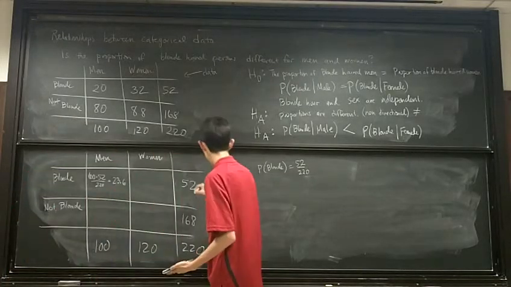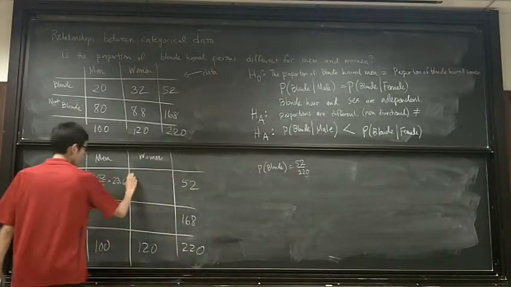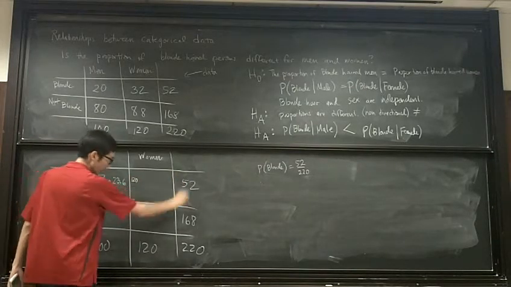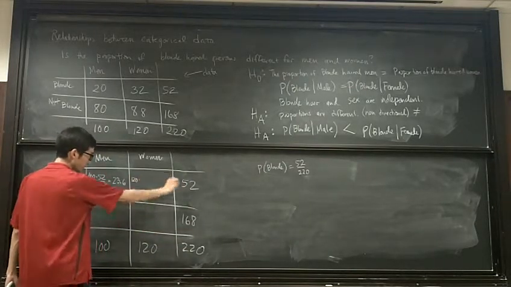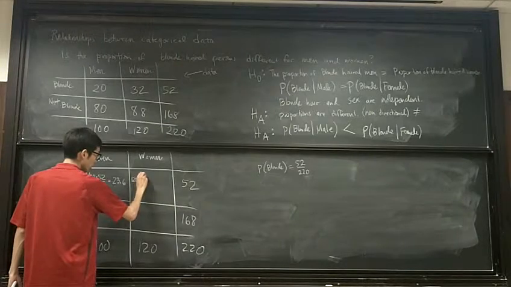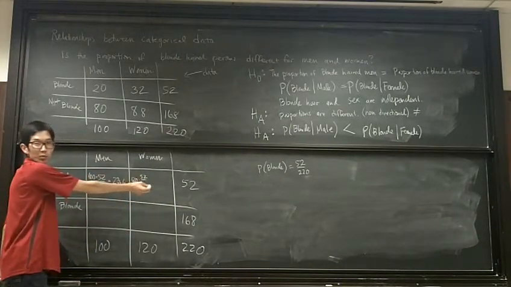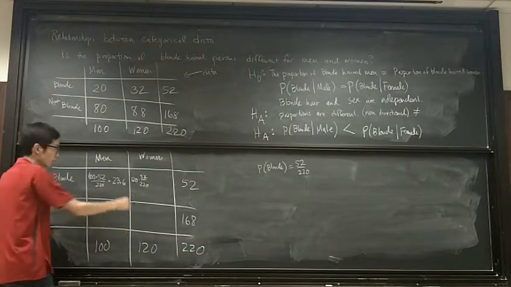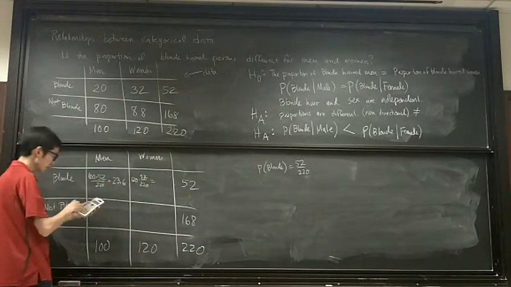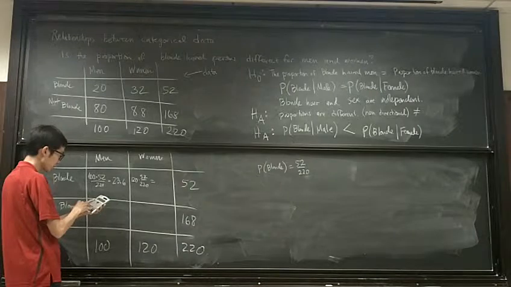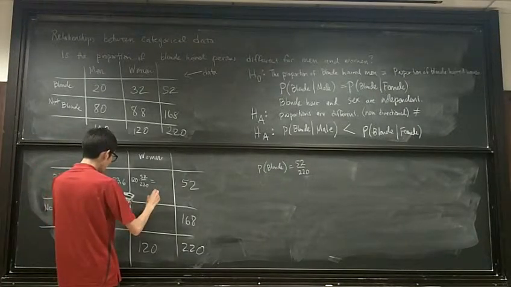And over here I would do the same thing: 120, and I'm expecting the proportion to be 52 over 220. So I'm basically doing an n times p in each of these. I do 120 times 52 over 220, and I get 28.4.